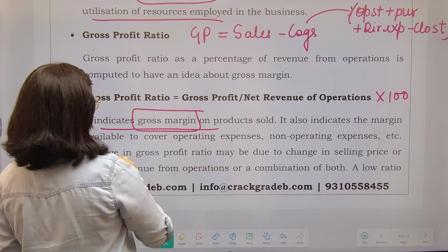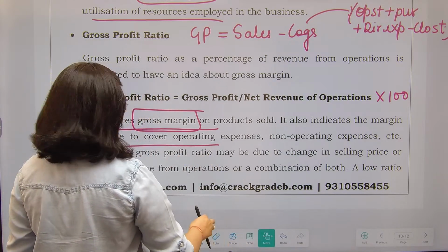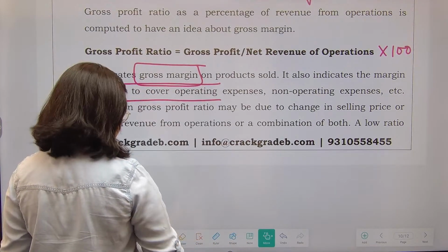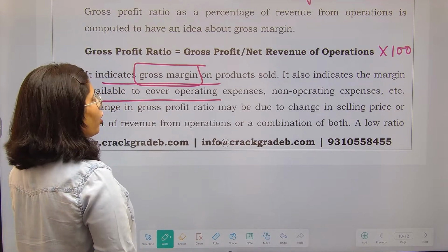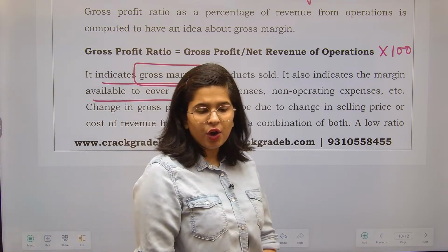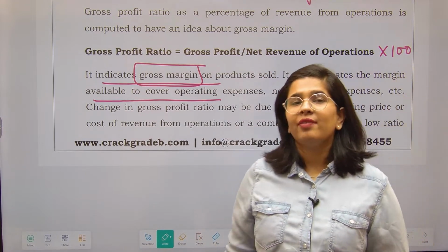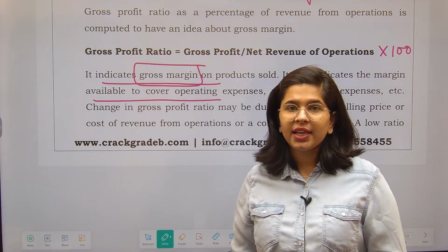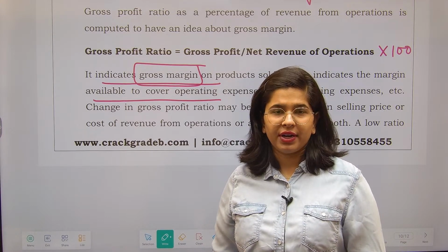It also indicates the margin available to cover operating expenses, non-operating expenses, etc. So changes in gross profit ratio may be due to the change in selling price or cost of revenue from operations or a combination of both. Now you can tell me very easily that yes, whenever we are talking about the profitability ratio, what we want is a higher amount of profit, right?